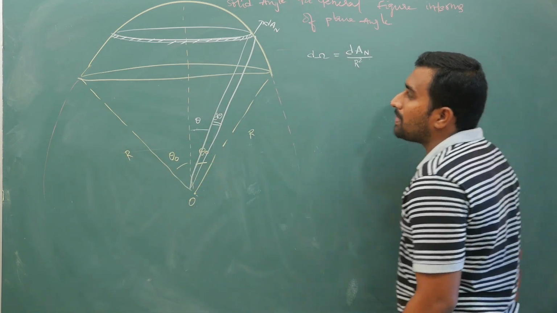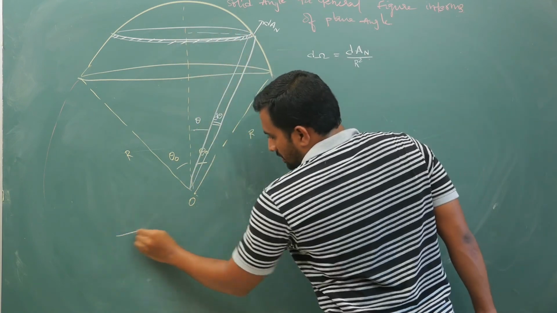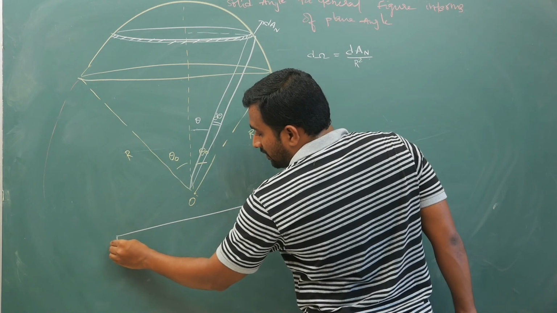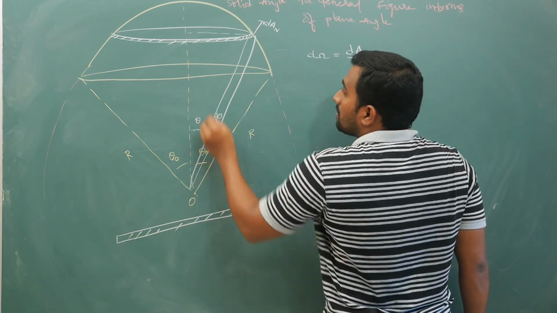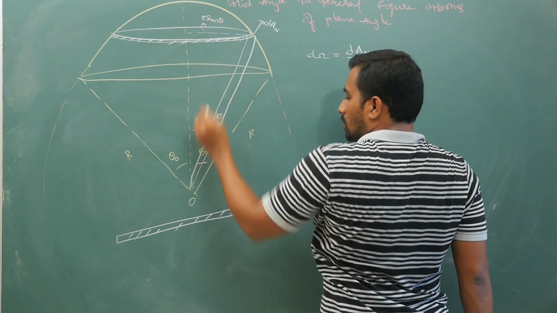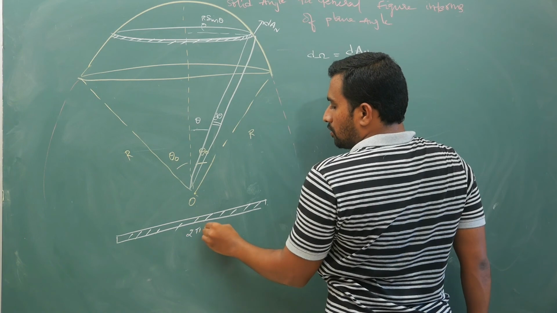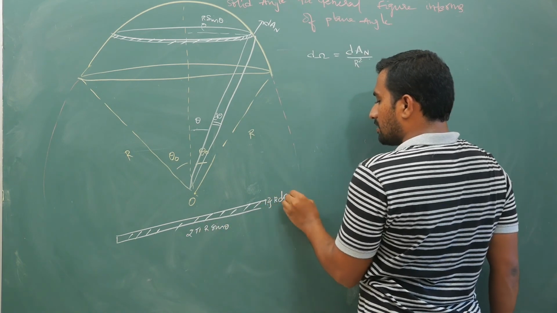Now that peel off layer, if you cut it and stretch it like this, that peel off layer over this arc will have, this is your r sin theta part. So it will have a length of 2 pi r sin theta and a width of r d theta.